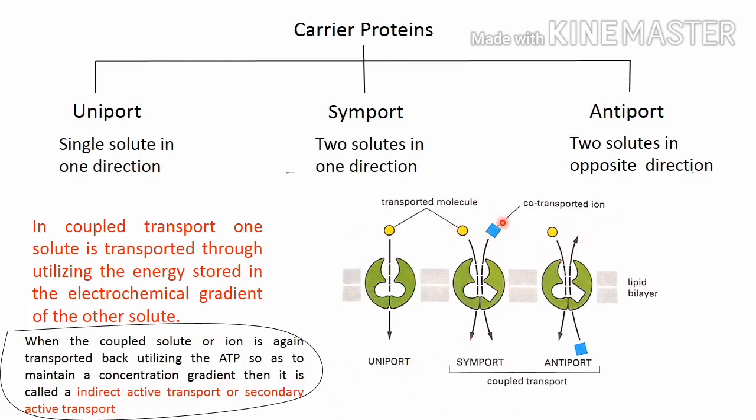Suppose this molecule is to be transported with this yellow molecule, so the movement of the yellow molecule may take place, but to maintain the continuous supply of the yellow molecule down or against its concentration gradient, this blue square molecule is required, and to maintain that continuous supply, this molecule further needs to be transported to the other surface of the membrane, and that transport takes place with the help of ATP.